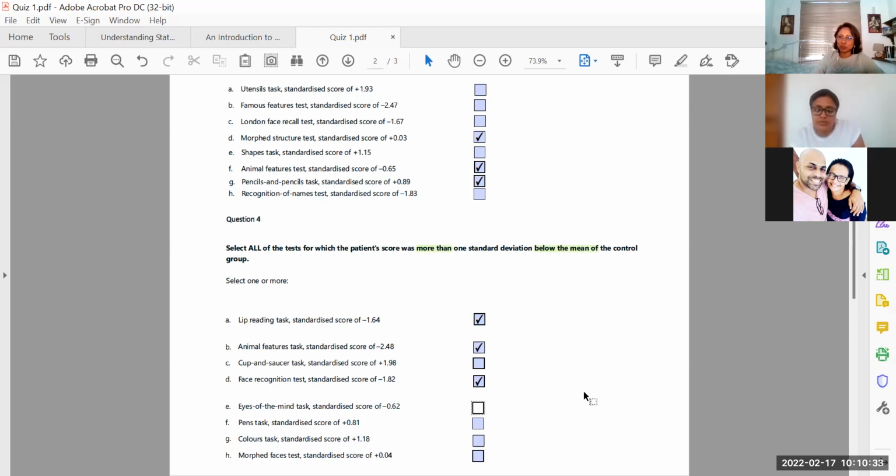Z scores should ideally be less than 2. If your Z score is 1.7, you're 1.7 standard deviations above the mean. That's what your Z score means. If one of the A-level students gets a Z score of plus 1.9, you're 1.9 standard deviations above the mean, which means you're quite clever.